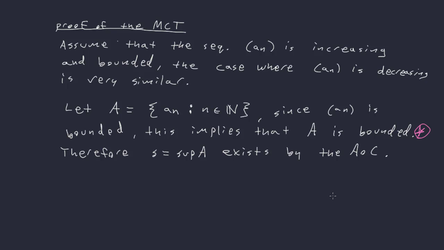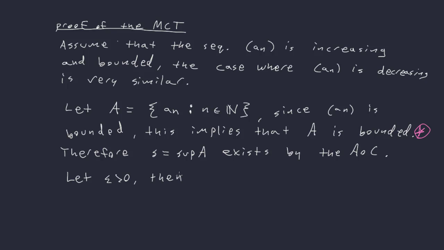All right. Now, here's where we're going to use one of our important theorems regarding supremums. All right, and that's lemma 1.3.8. Okay, so now I'm going to let epsilon be greater than 0.